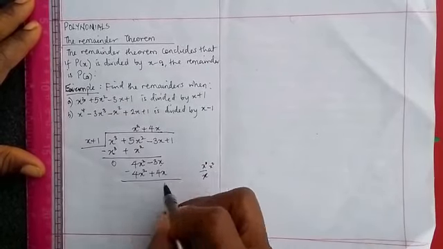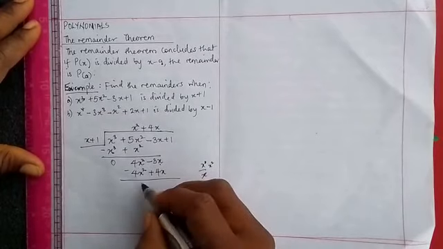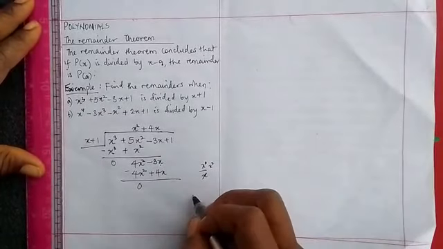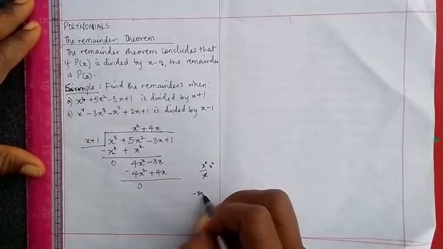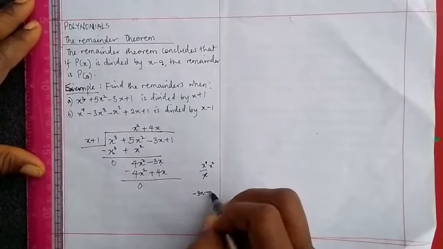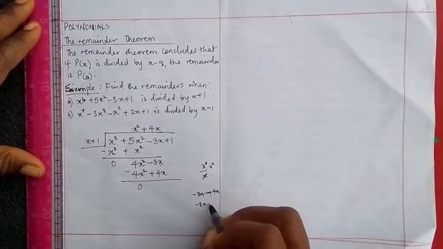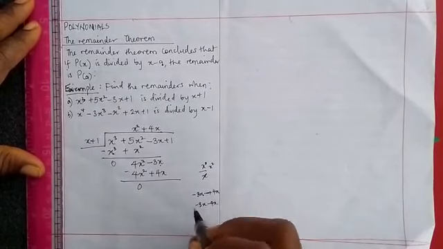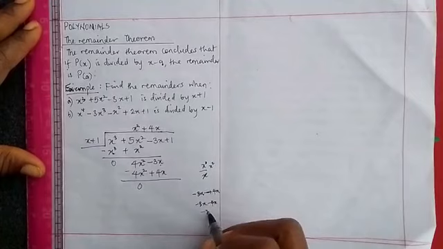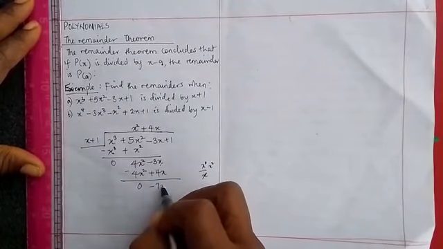We subtract again. So 4x squared minus 4x squared is 0. Here we have minus 3x minus 4x. Our answer is minus 7x.